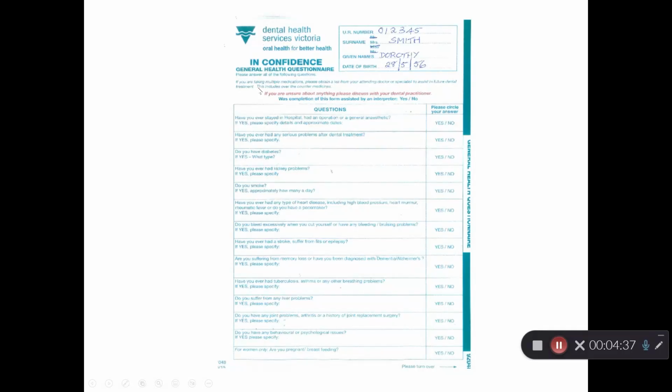Now, a lot of our patients are older with healthcare cards, and unfortunately, a lot of them take many medications and have many medical conditions. And so it is a good idea to actually get a printout from the doctor if possible, because your patient may not be able to just give you adequate information when you ask the questions.